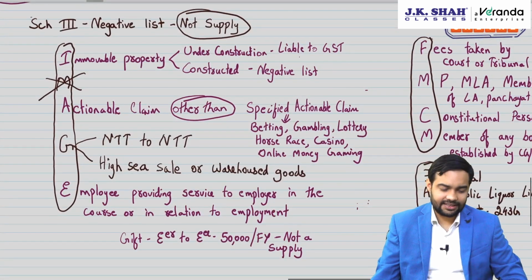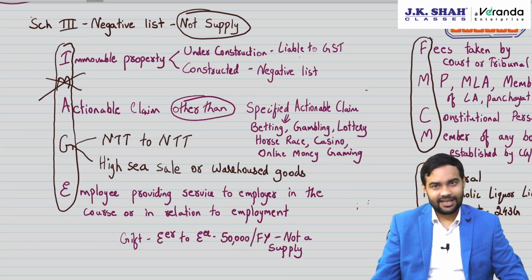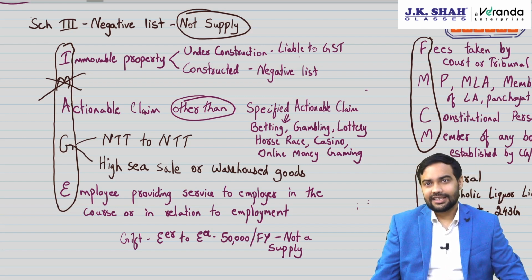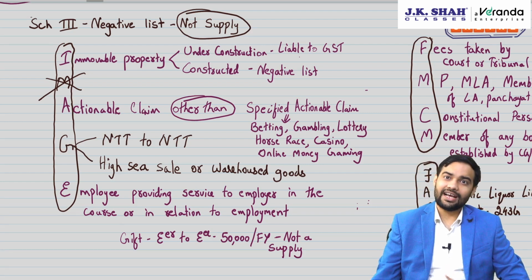Schedule 3 basically deals with negative list: immovable property, under construction, liable, constructed, not liable. Actionable claim, not liable, betting, gambling, lottery, horse racing, casino, online money gaming, liable. Goods transactions from non-taxable territory to non-taxable territory or high sea sale or warehoused goods, not liable.